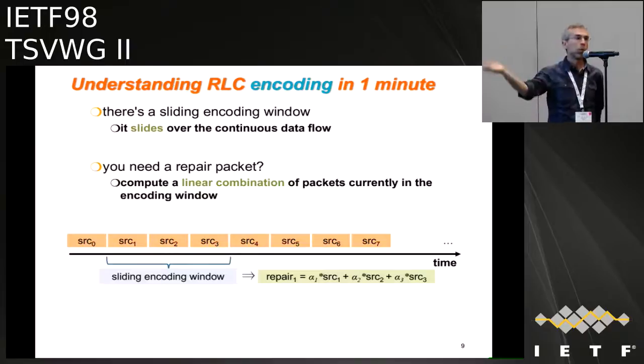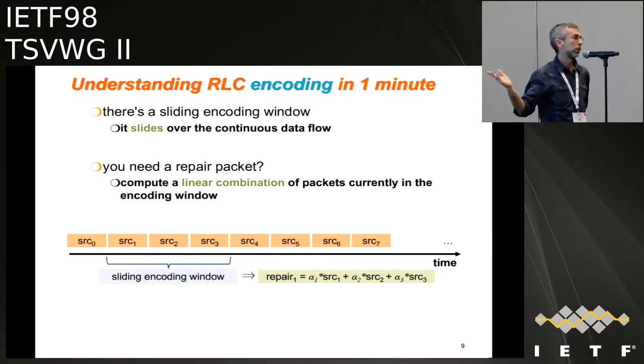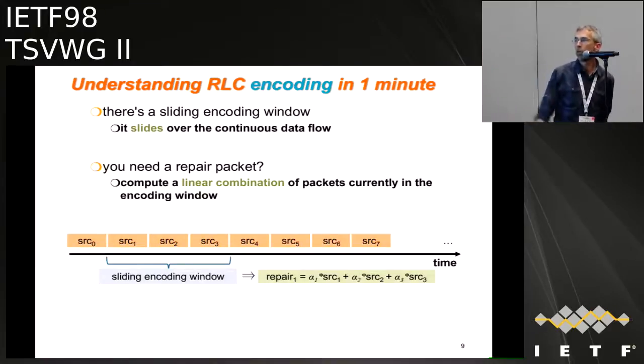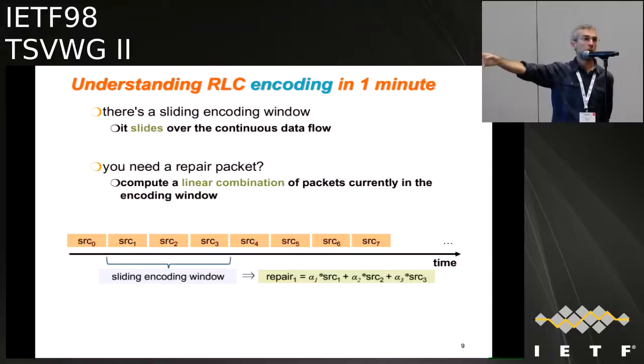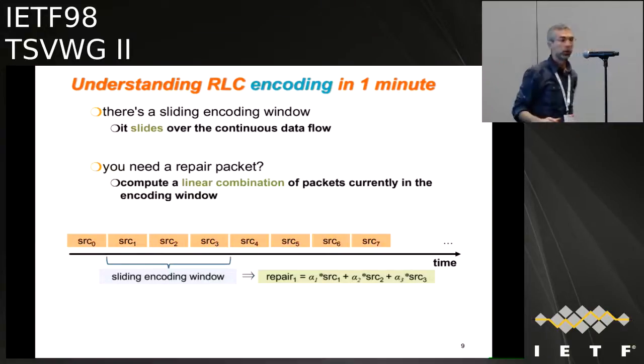If I want to create a repair packet, that's pretty simple. I just have to compute a linear combination of those three packets. So repair packet 1 is a certain coefficient times source 1, plus, XOR, in fact, a certain coefficient times source 2, and so on. That's pretty simple. The question is, how do we choose alpha 1, alpha 2, alpha 3, the three coefficients?